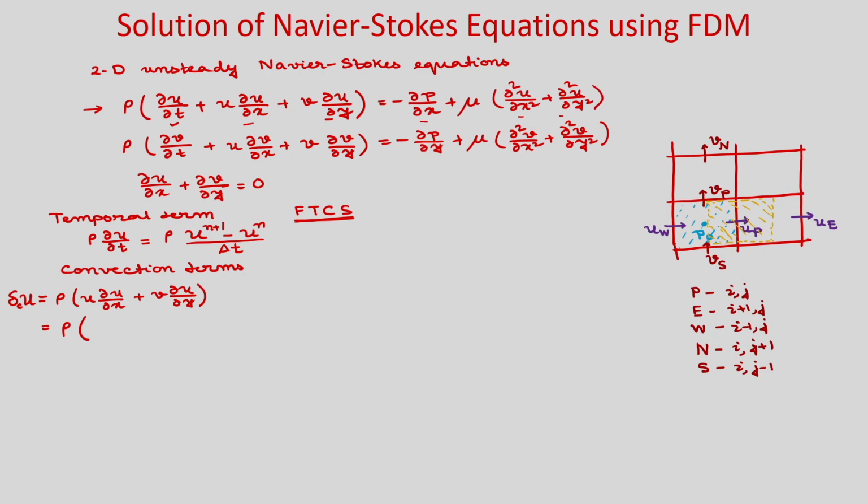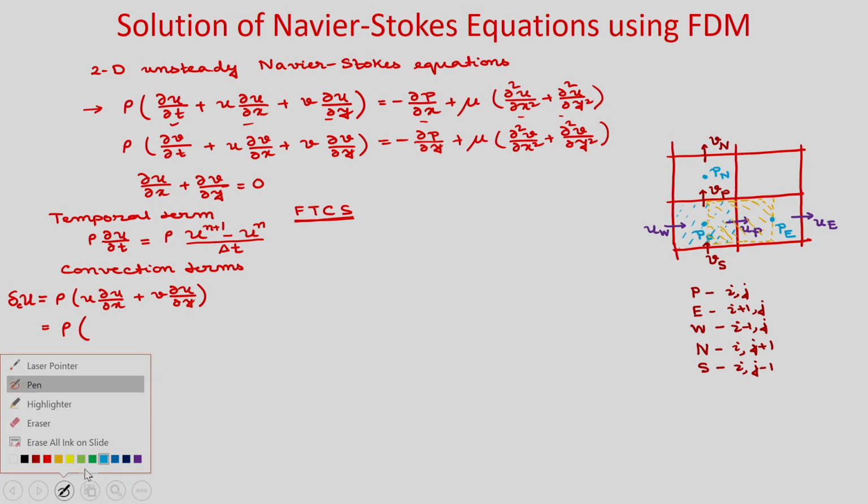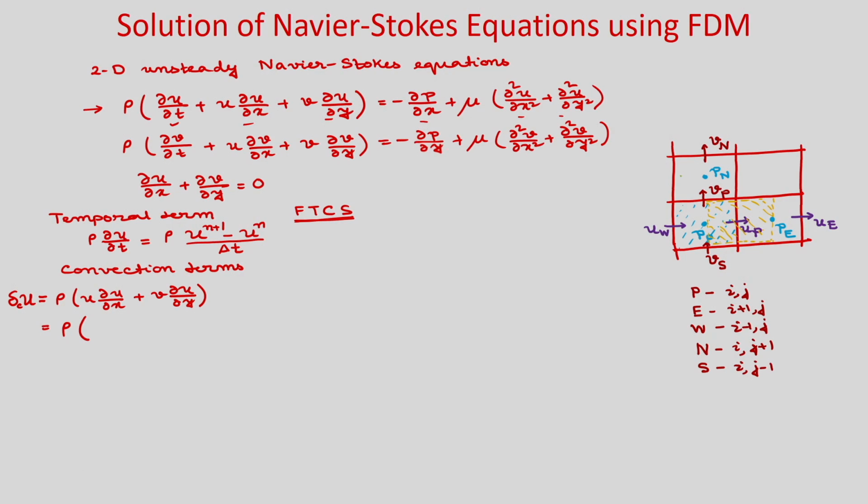You will have here P E, and here you will have P N, and the v cell is this one.